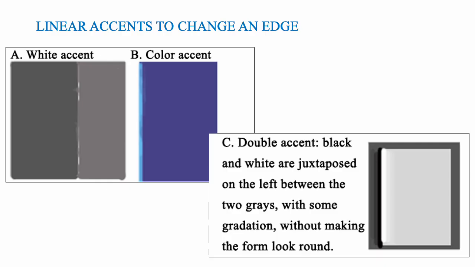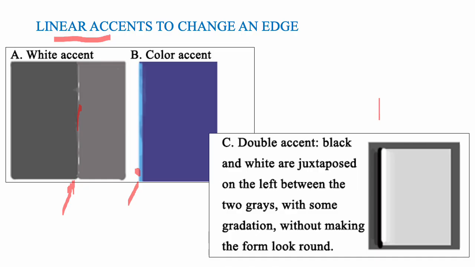Hard edges can be accentuated using linear accents, but the effect has to be fairly subtle so the viewer doesn't immediately notice the accent. Here is one between the two gray squares, and it's intermittent and provides a bit of hardness to this edge. I added a color accent here, which softens the edge and makes it brighter.